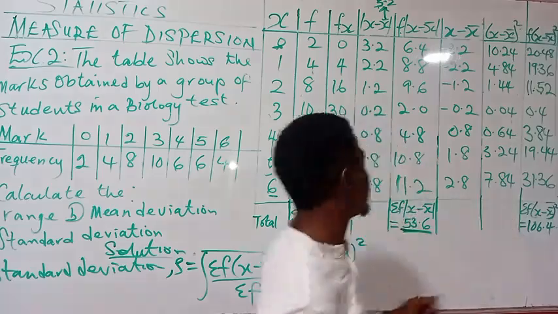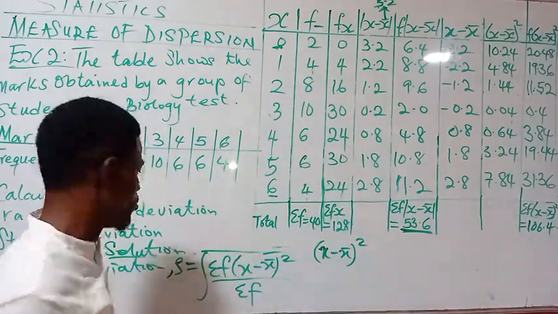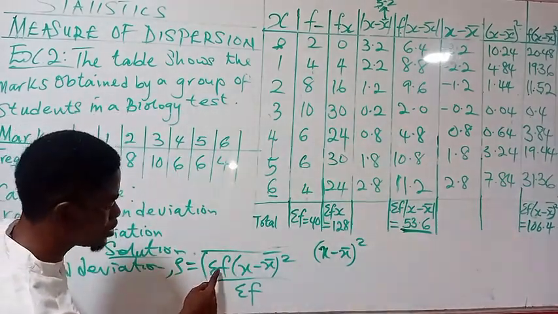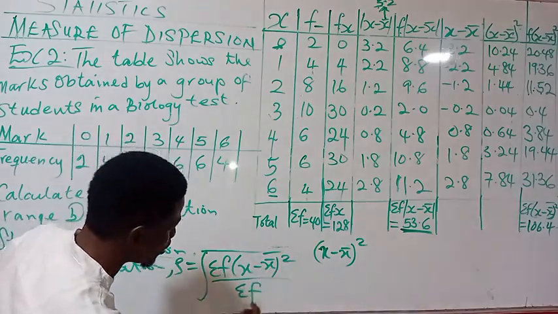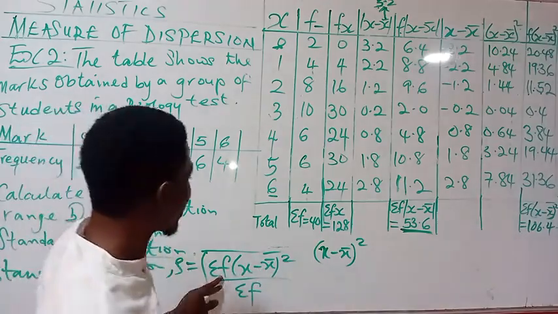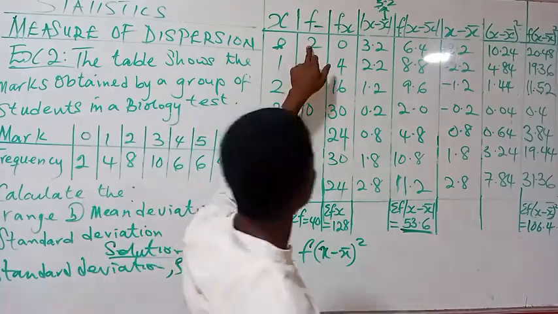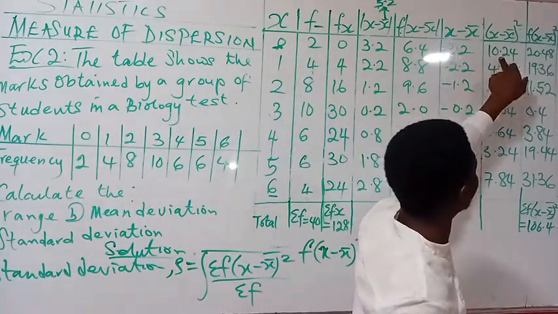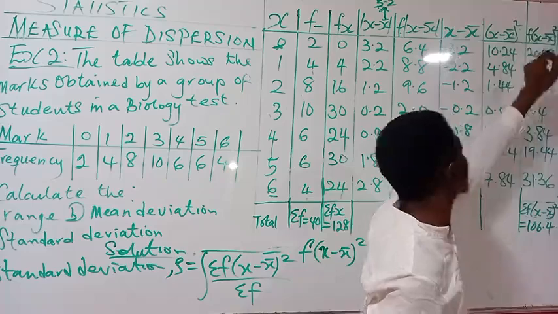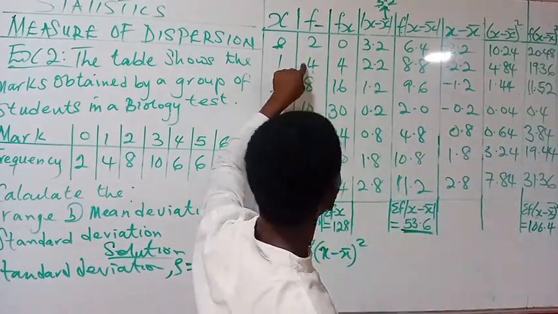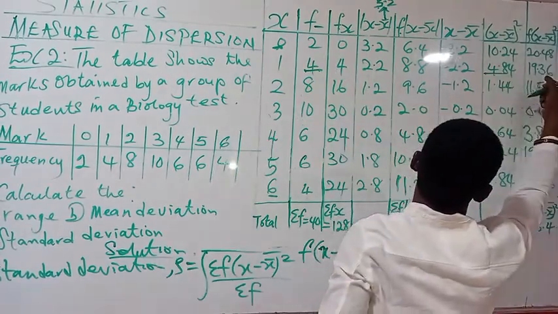So the next thing is for you to multiply by the frequency, because the formula consists of f bracket x minus x bar raised to power 2 divided by summation of f. So you multiply f by this one. 2 times 10.24 gives 20.48. Then 4 multiplied by this gives 19.36.